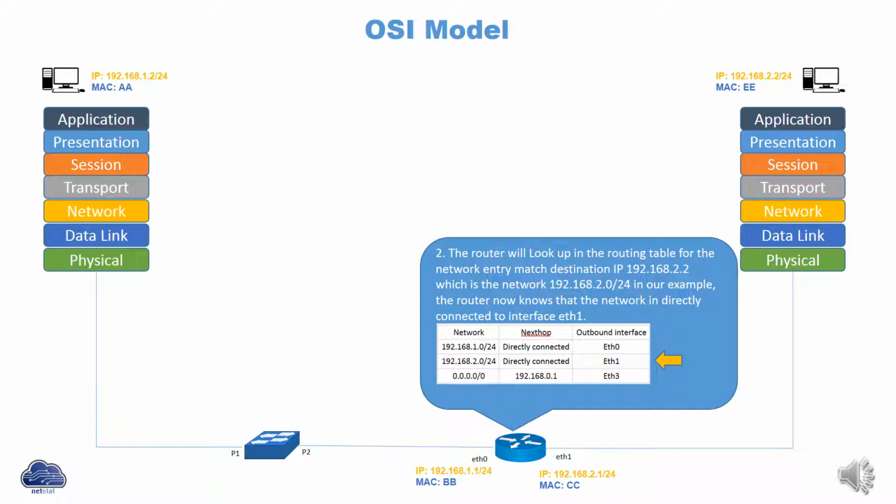The router will look up in the routing table for the network entry matching the destination IP address 192.168.2.2, which is the network 192.168.2.0/24 in our example, directly connected to interface Ethernet 1.